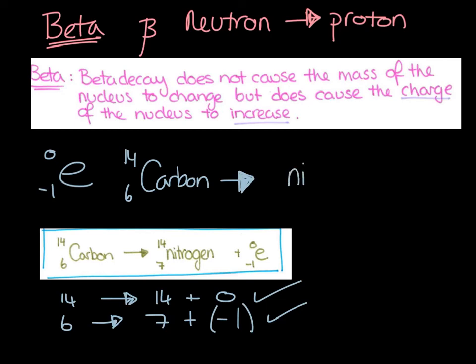We get told it turns into nitrogen, and it emits a beta decay particle, so then we put in our notation for our beta decay particle, and then we have to balance the equation to make sure the numbers add up. So 14 goes to something plus 0, so that's going to be 14, and 6 goes to something plus -1. This one you need to think a little bit more carefully about if you find positives and negatives a bit tricky when you're in a fluster, and that is then a 7.